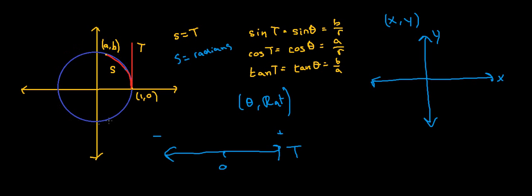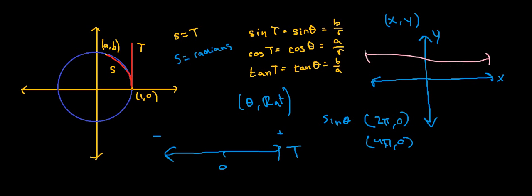But if I went around again, so if my angle was 4 pi, and I went around once, 2 pi, and around again, 2 pi, then my points for sine theta would be for 2 pi, 0, and for 4 pi, 0. And these are unique points, because the x's are not the same. It's as if I had a horizontal line in a coordinate plane. The x's all have the same y, but they are still unique points. So this is a function.